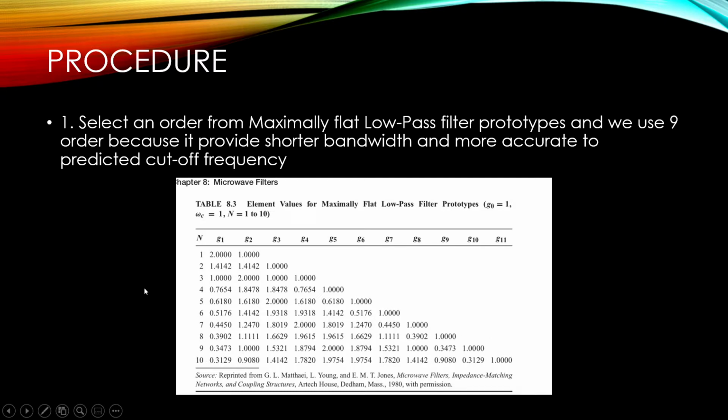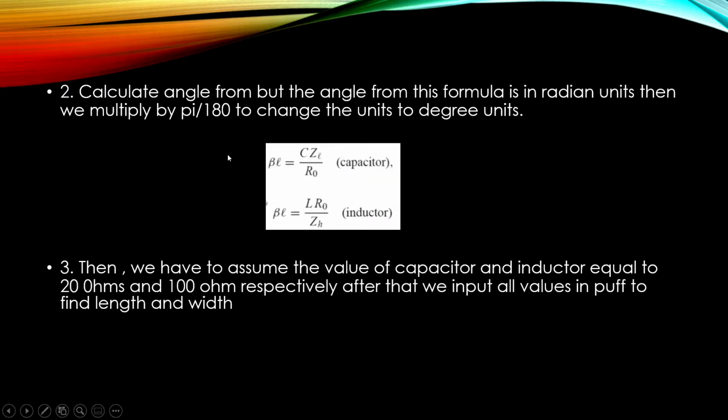So we need to use this one because it's more effective for creating our filter. Okay, next step, we have to calculate the angle from this formula, and we have two different formulas. For the capacitor we use this formula, but for the inductor we have to use another one.